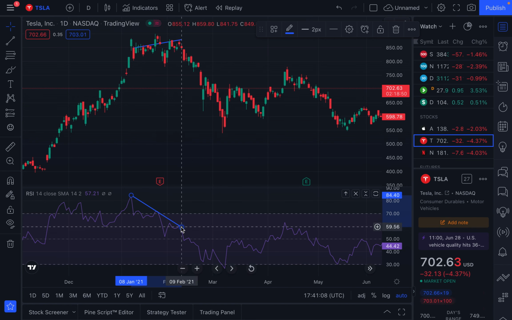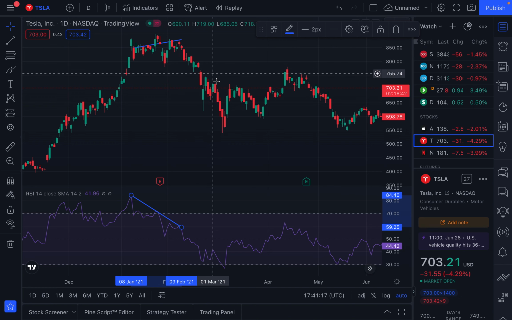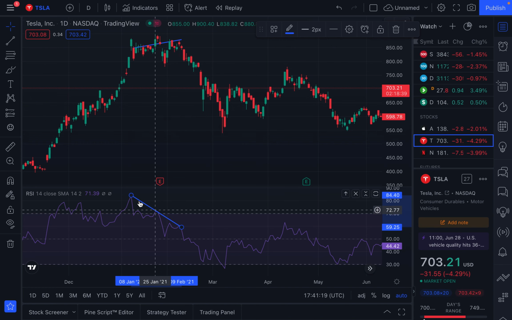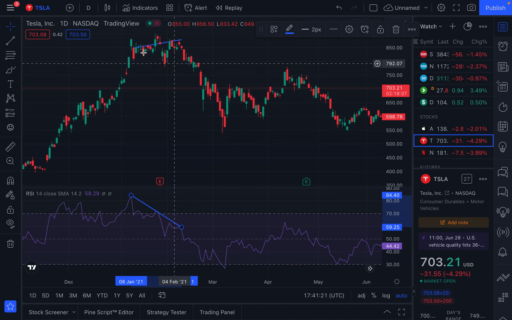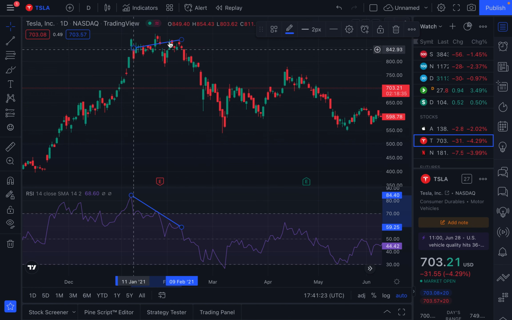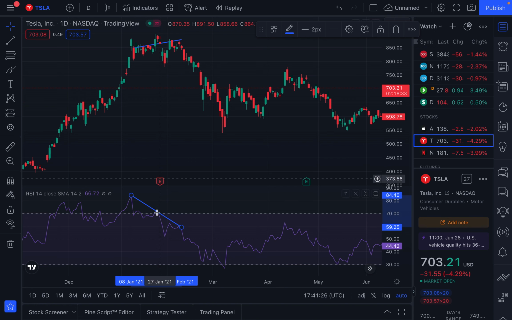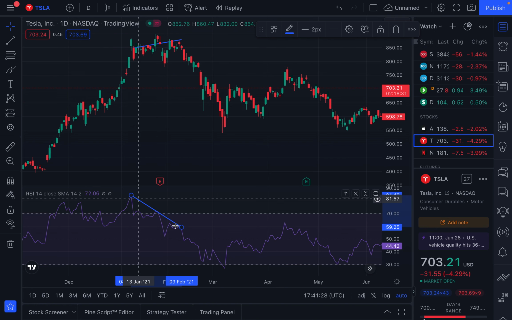And what happened? Price followed directly after this to correct this divergence. Here, price sank back down to follow what the RSI was doing and to correct this divergence between the share price and the RSI.